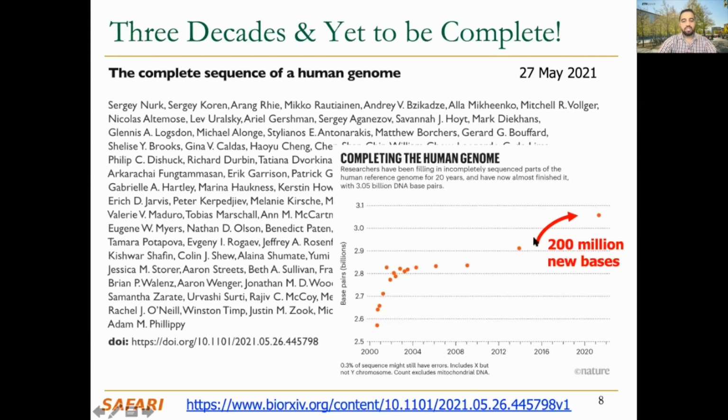The contribution of this work was around 200 million new bases that we didn't know at that time. They were now added to the reference genome, plus knowing all the chromosomes and so on. But still, the Y chromosome, for example, is not sequenced. So we are missing the Y chromosome. That's why I'm calling it near complete. It's not complete, although we have the X chromosome, for example.